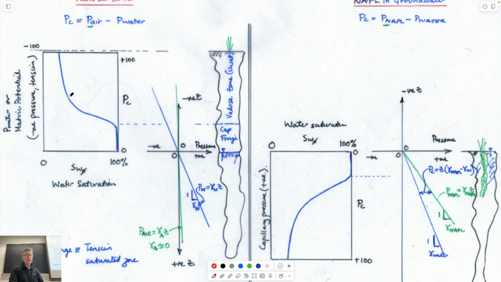And this represents, again, the saturation in the non-wetting fluid as a ratio of this length, and the saturation in the wetting fluid. And so this is drawn this way particularly.